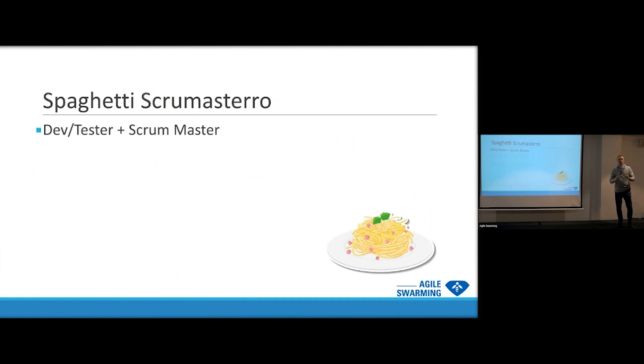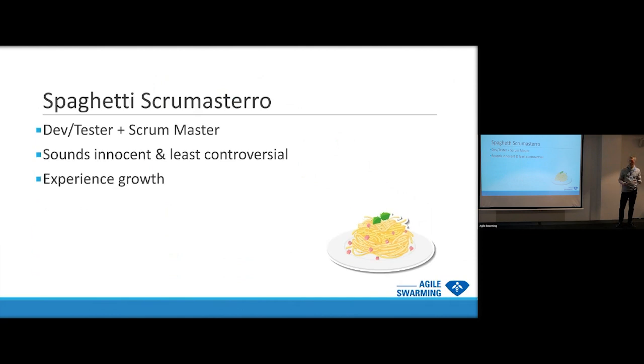Let's call it the general Scrum team member plus the Scrum Master. That's probably fully acceptable. It was in the book. That is something that can be done, right? Probably the least controversial, nothing to raise any of your eyebrows. So it's innocent. That's fine.